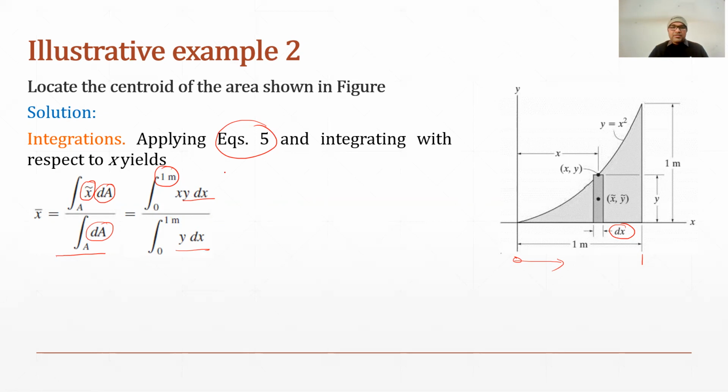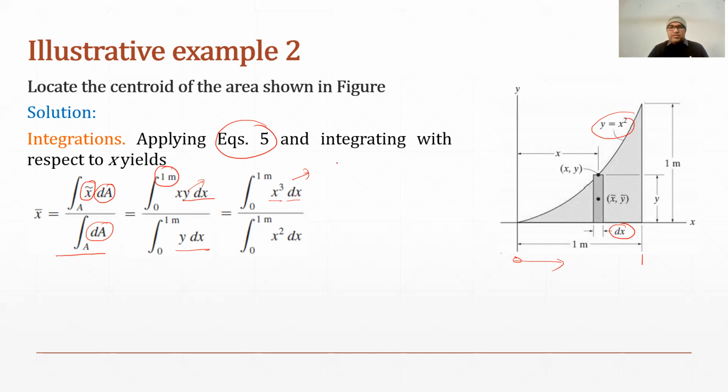Now we will integrate it. In this case, we already know the function of y. The function of y is already given in the problem, which is x square. So replacing y with x square, we can integrate it because we have the integrand and variable in the same form.